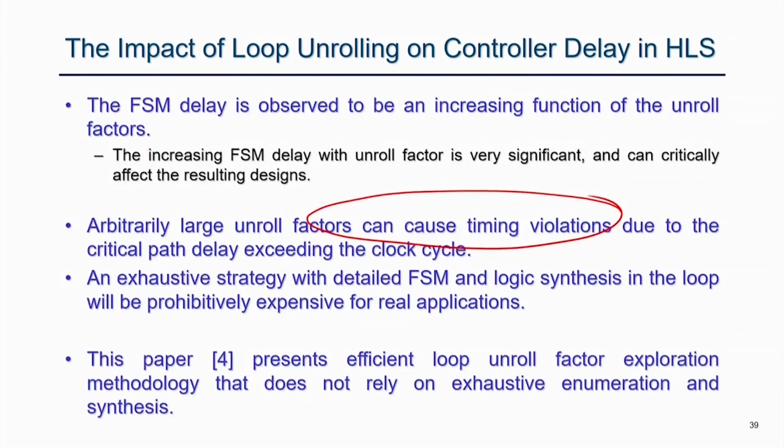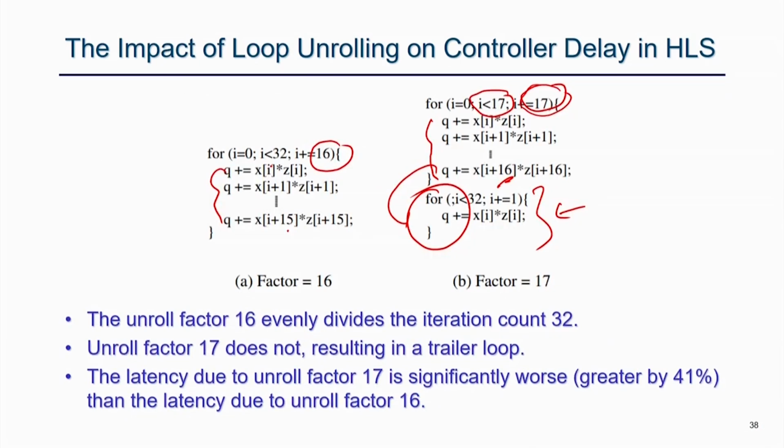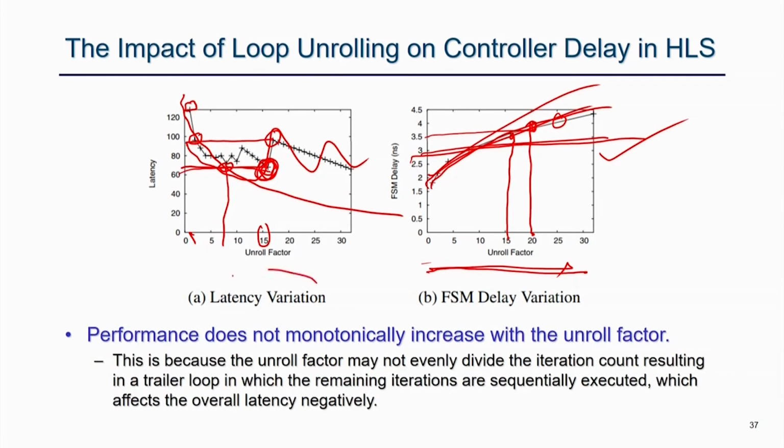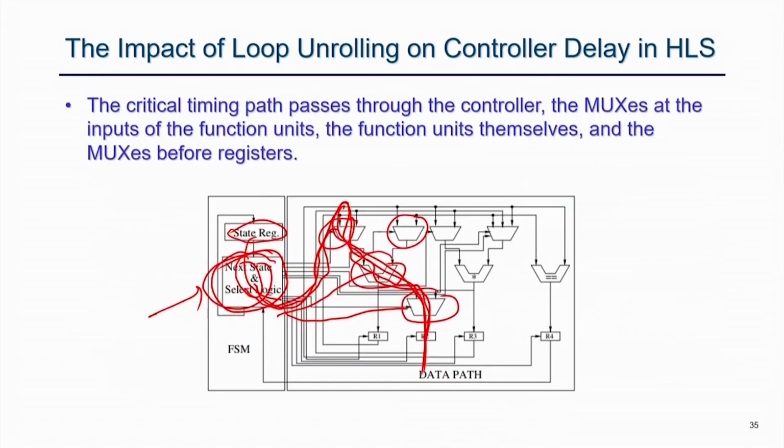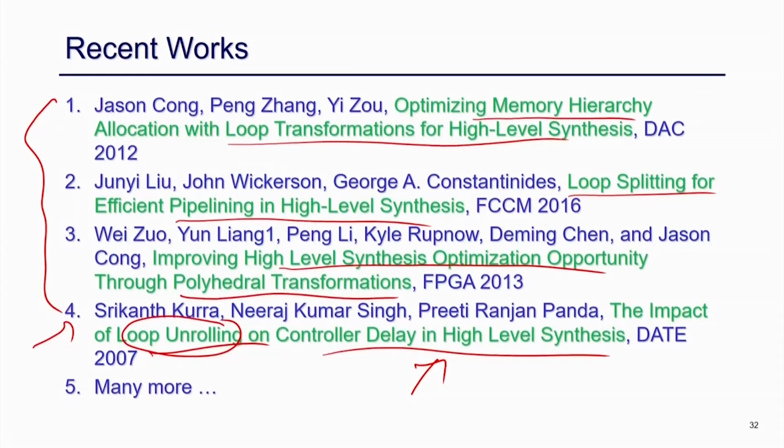This work proposes an algorithm that will find the trade off between the latency required versus the computation delay, so that it meets the target clock, but you achieve the minimum latency. This is what this work is all about. Similarly, if you look into this other work, they also try to do this kind of advanced checking.